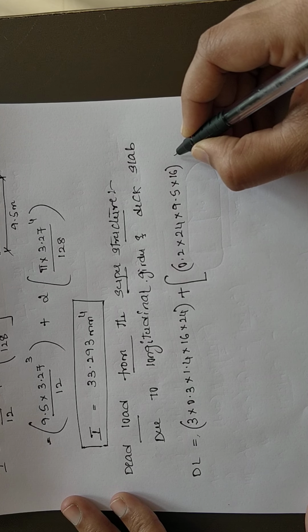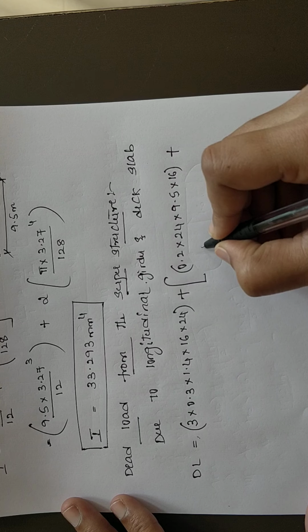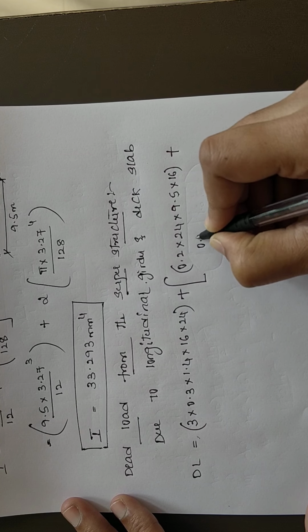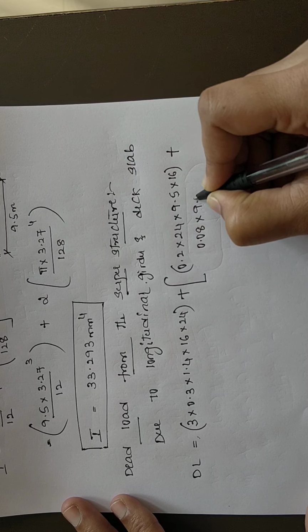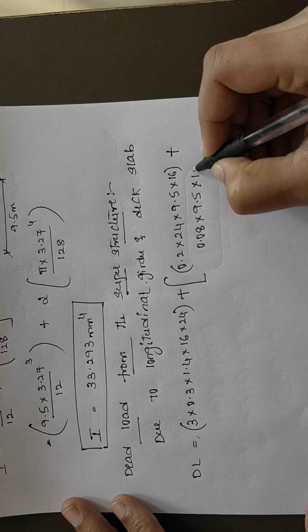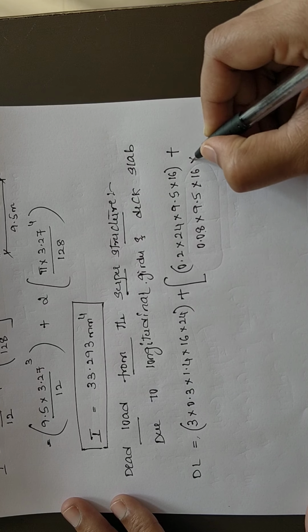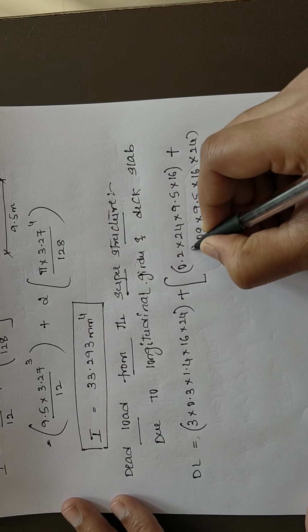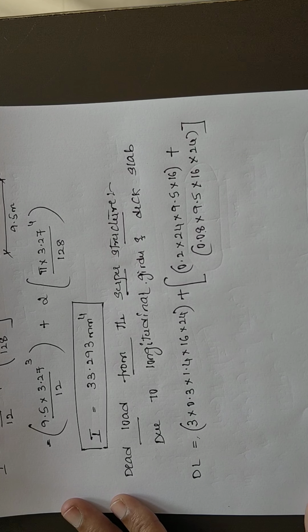On top of the deck slab, you are going to provide a wearing coat. Take the thickness of the wearing coat as 80 mm, 0.08, into 9.5, the width, into length 16, multiplied by density 24. This is the total dead load from the superstructure.